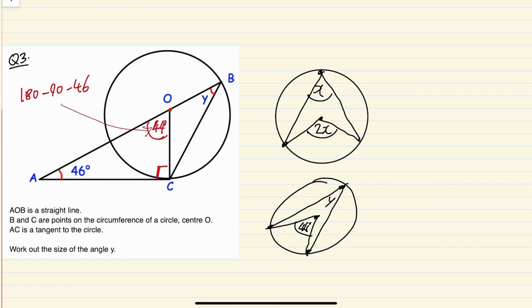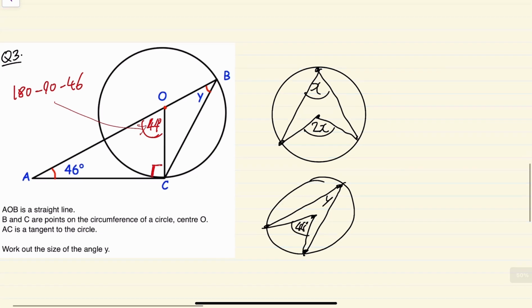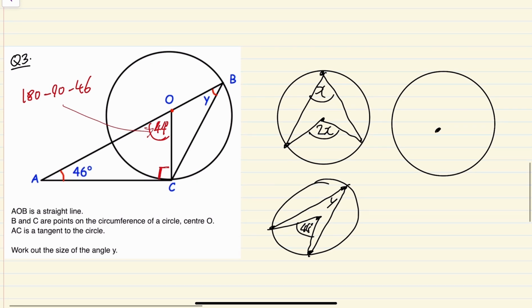I'll do my circle again. So I've got my circle, and I'll mark on where my centre is very roughly, and you can see that's what I've got. And this is my centre of my circle, and that's 44.